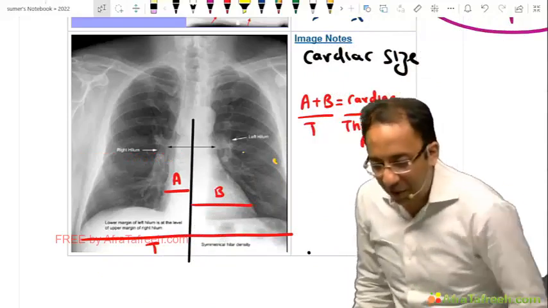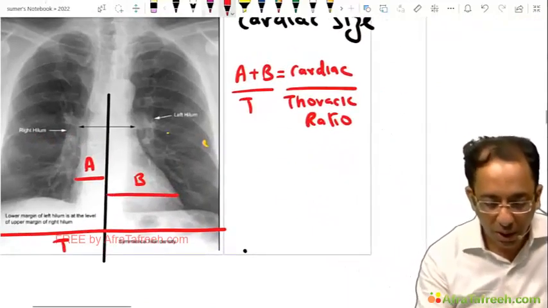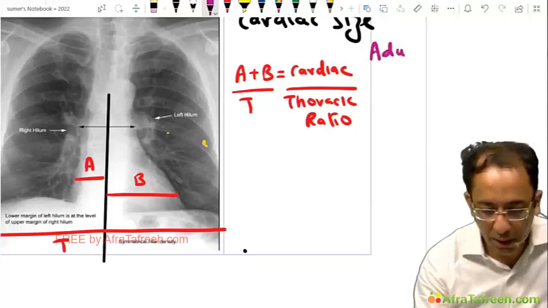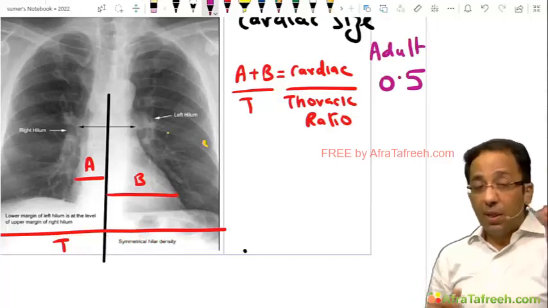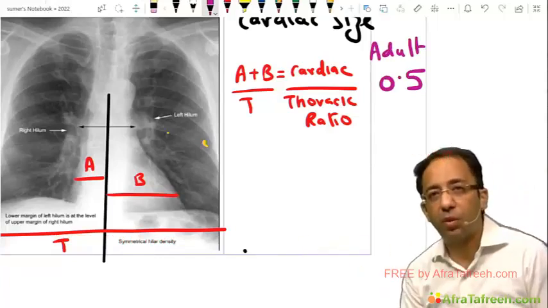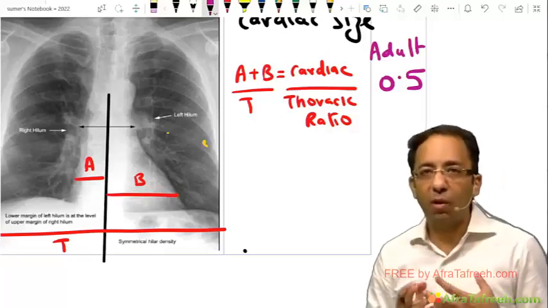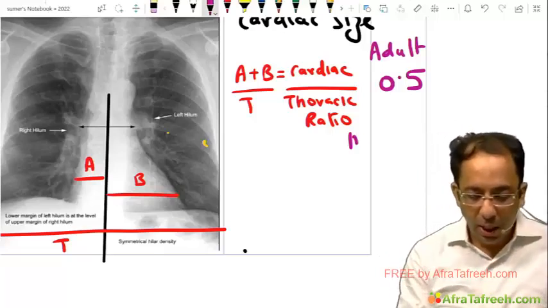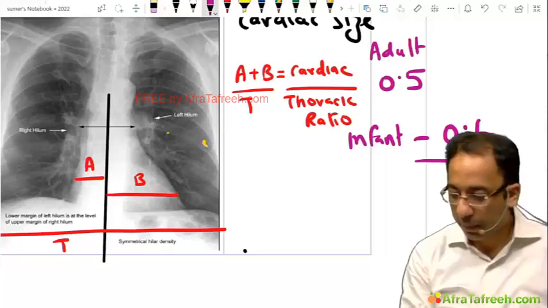Now, if we have to take the ratio, what is the normal? Normal cardiothoracic ratio in an adult is up to 0.5. That means in an adult, the heart can occupy up to 50% of the thoracic diameter. If it is more than that, you have cardiomegaly. In an infant, this is 0.6.